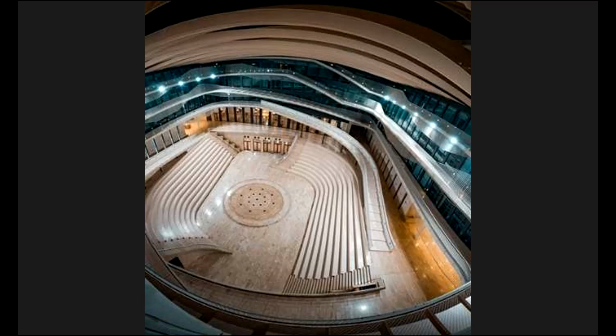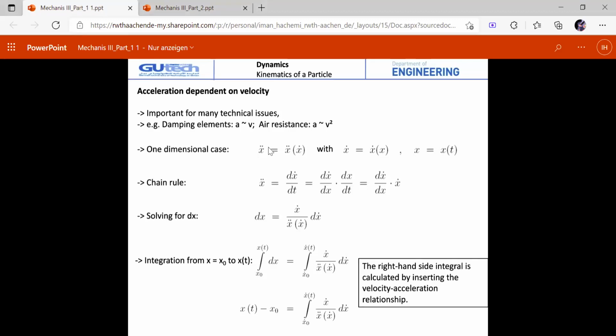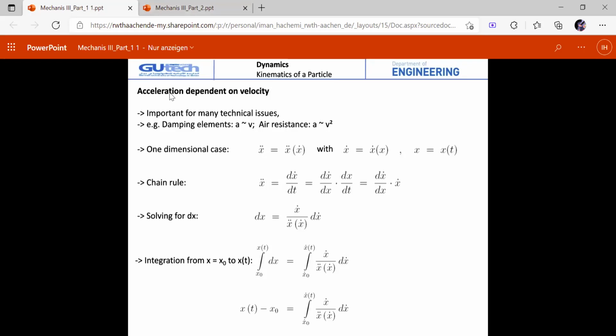Now we take the rest of the lecture. We have a kind of acceleration dependent, in a certain case, on the position. We have seen this case.